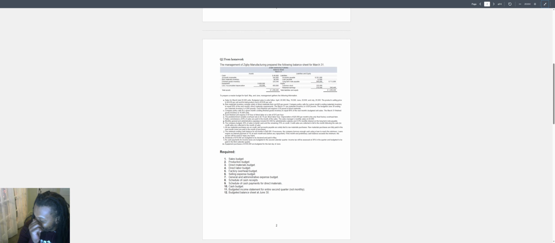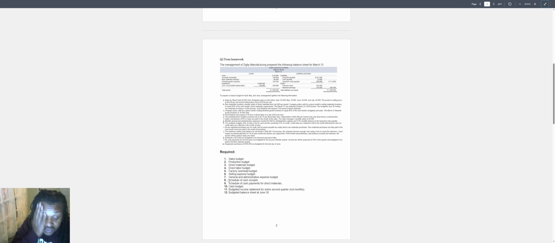When you combine those numbers, you get 16,500 for each month, and the total for the quarter equates to 49,500 for the general and administrative expense for number 7 on the required.